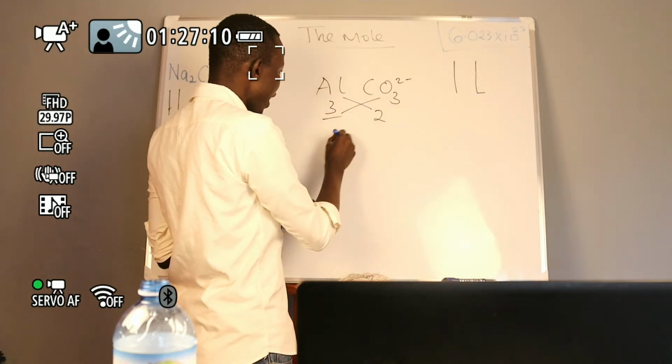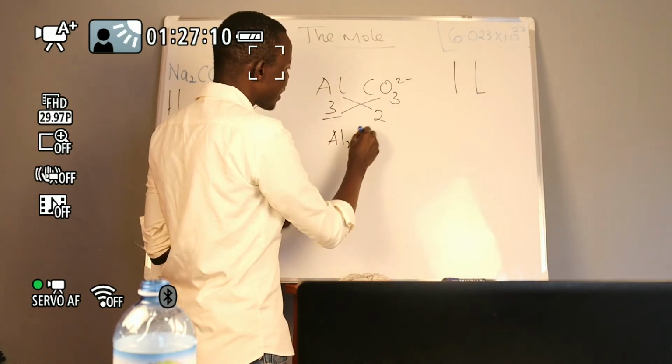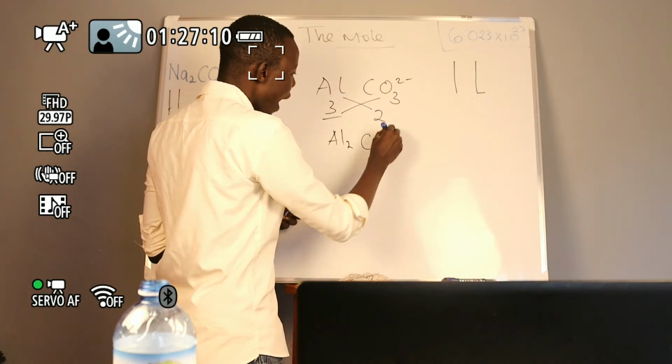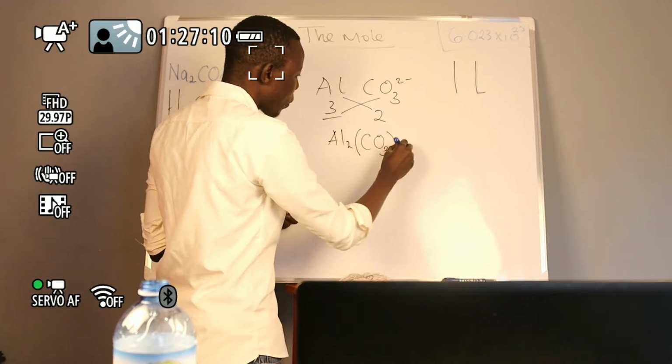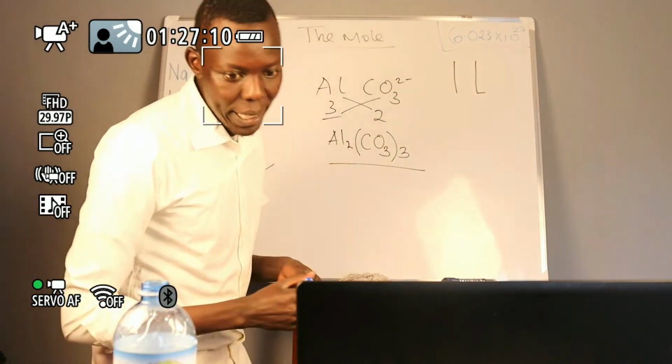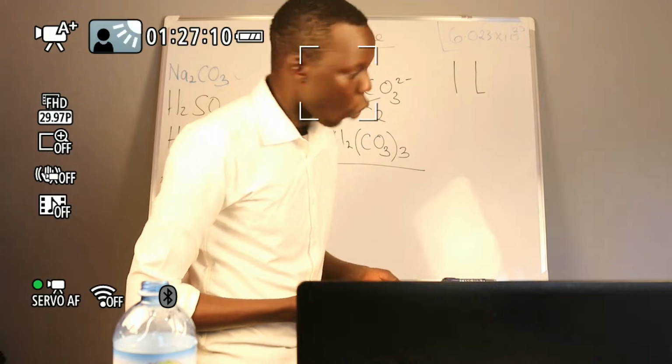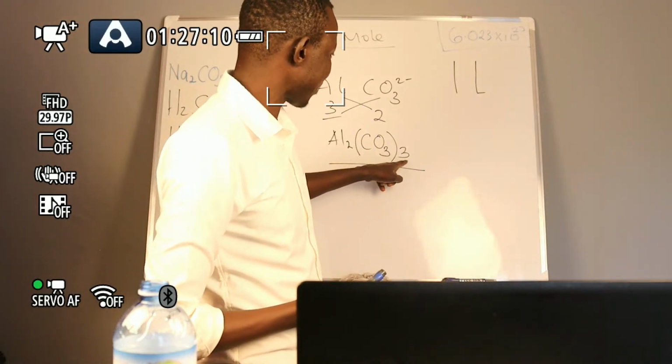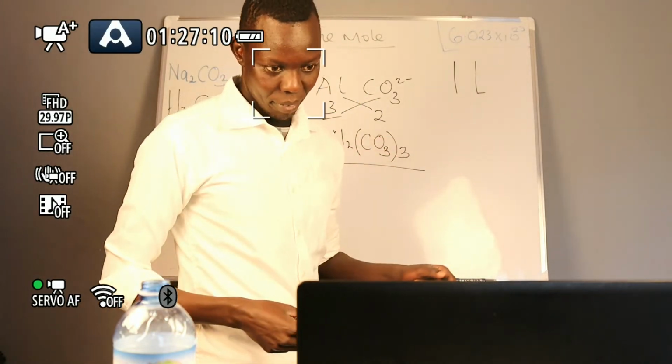So you have Al2 then CO3. Make sure you put the brackets. Do you know why we always insist on putting brackets around the 3? Let me explain.